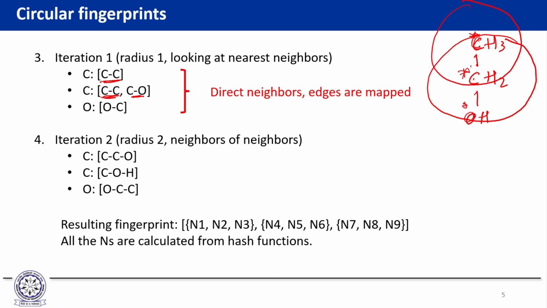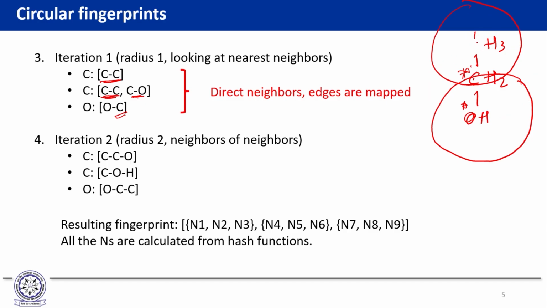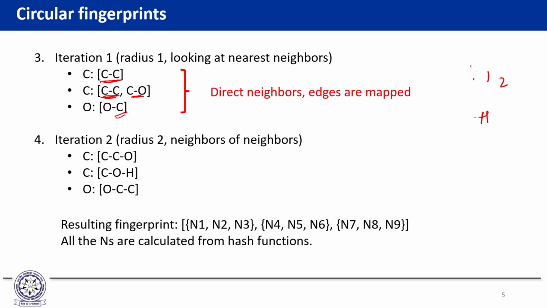Similarly, one can also take this oxygen atom as a reference, and again you make a circle of radius 1. The only other atom it is connected to is the carbon atom, so you have this oxygen-carbon connected by the bond. Now, just like you did for radius 1, one will have to look into the circle of radius 2 when you are coming to the second iteration.